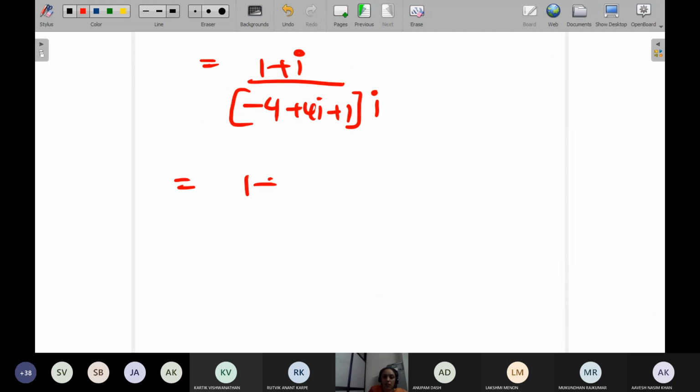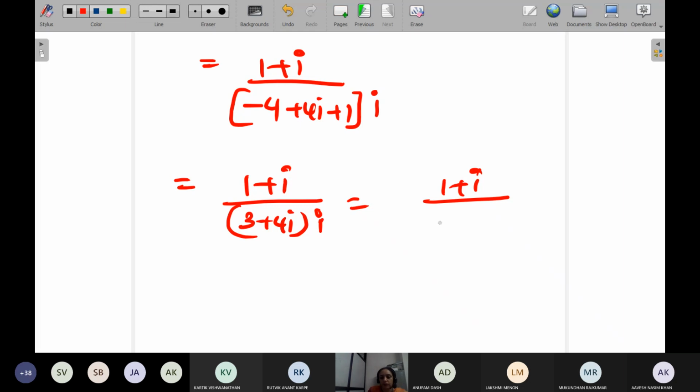Once you simplify this, you'll get 1 plus i divided by 4i plus 3, or 3 plus 4i. It is 3 plus 4i. So you can multiply the i inside. Once you multiply the i inside, 1 plus i, you'll get 3i minus 4. Is it clear?